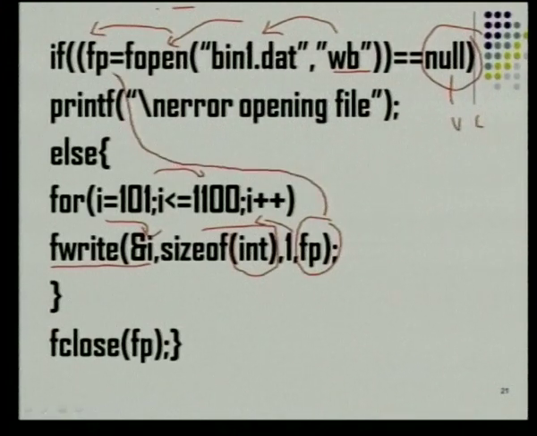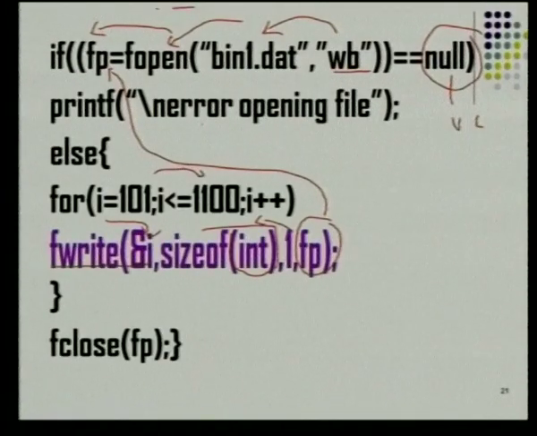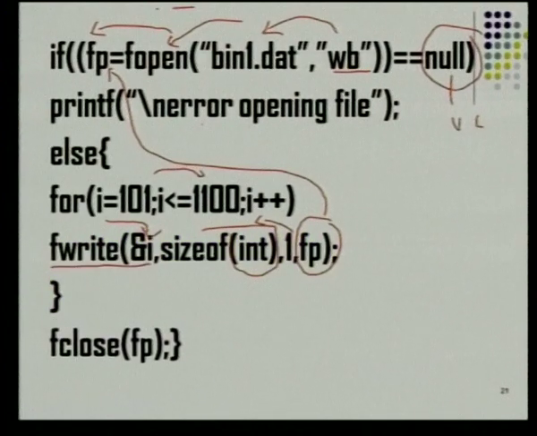This pointer is obtained from the statement fp equal to fopen. So whichever pointer variable you use to open that file, that stream pointer should be the fourth argument. As long as the file can be opened for writing, you go to this else part. Using the for loop you write all the data into the file, and after you write it, you close the loop and you close the file pointer fp. So with this the program is complete.